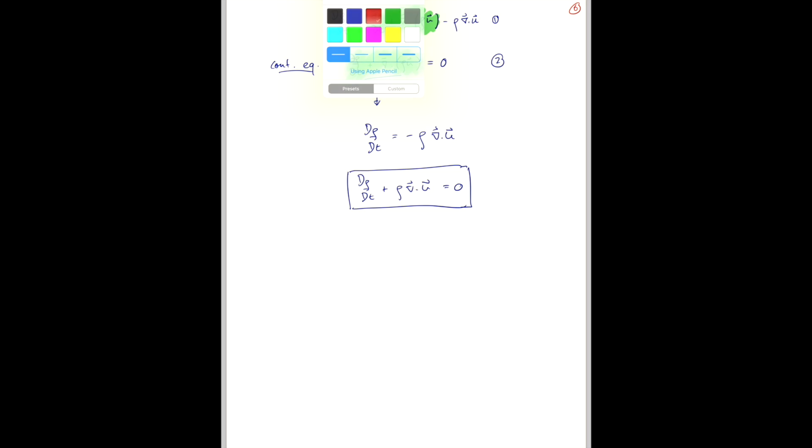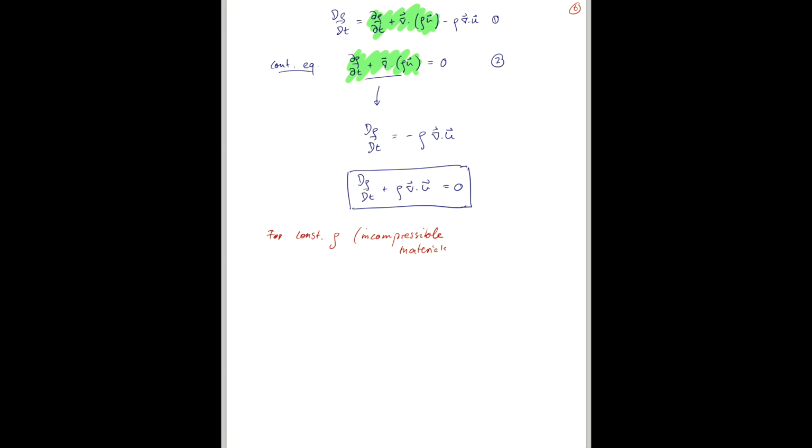So now we realize that for constant rho, i.e. incompressible materials, like for example liquids approximately. Yeah, water is roughly pretty much incompressible.